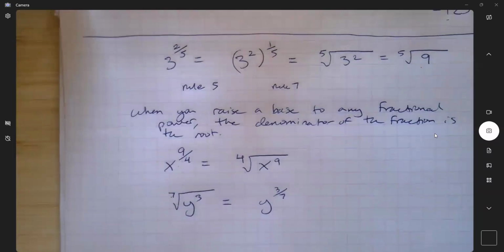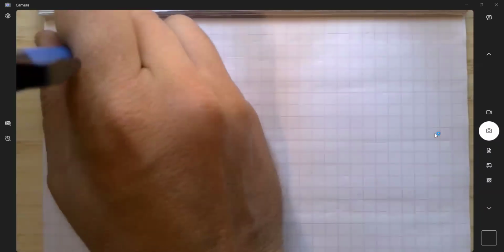All right, these are all the rules of exponents that you need in order to write exponents in the most useful ways. So I'm just going to do a couple of examples.